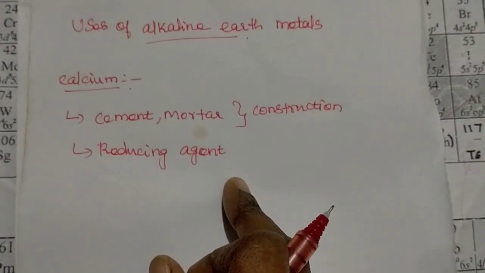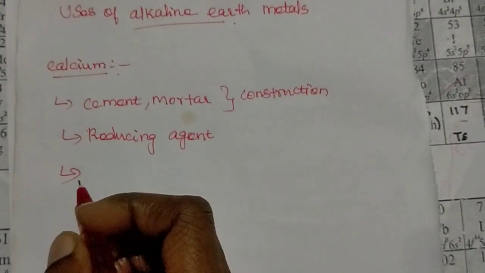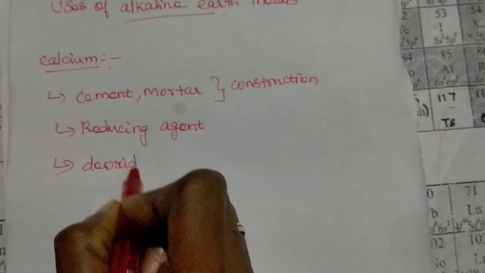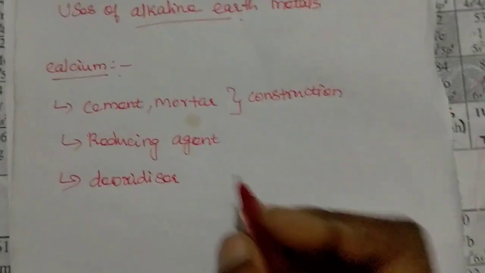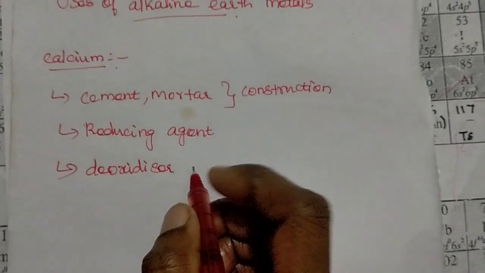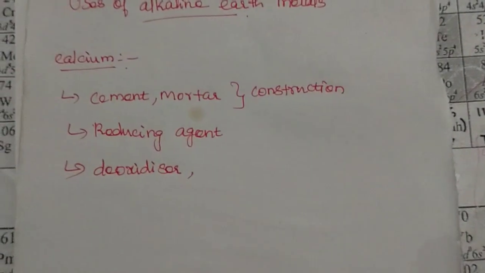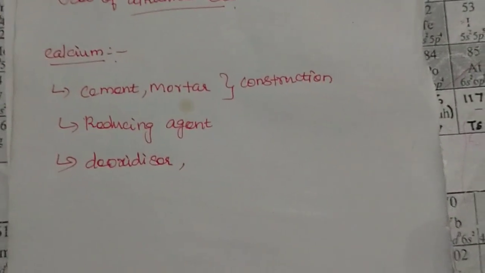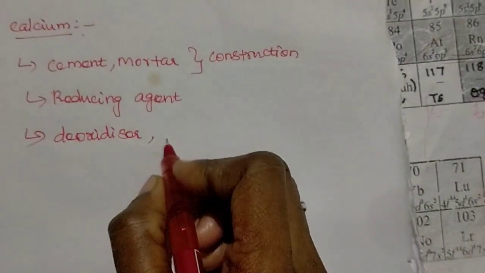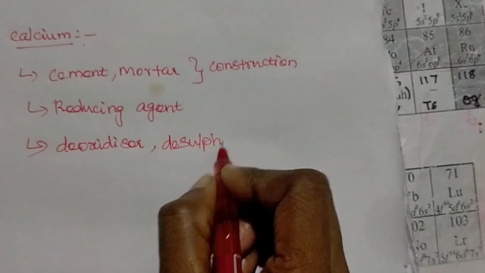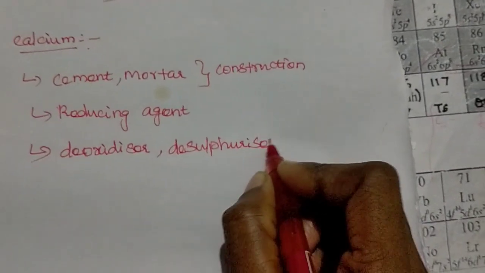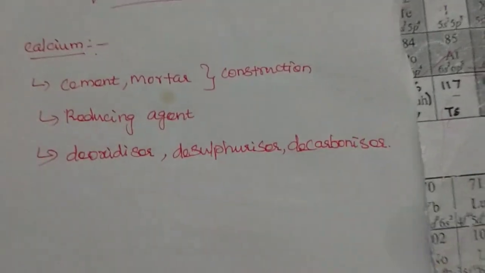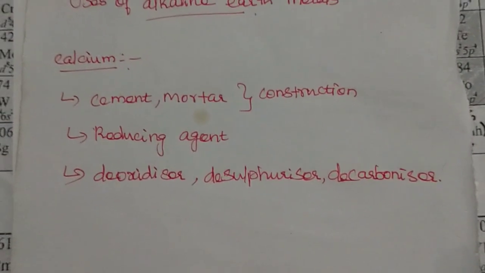as a reducing agent. Next, it is also used as a deoxidizer, desulfurizer and decarbonizer for ferrous and non-ferrous alloys.